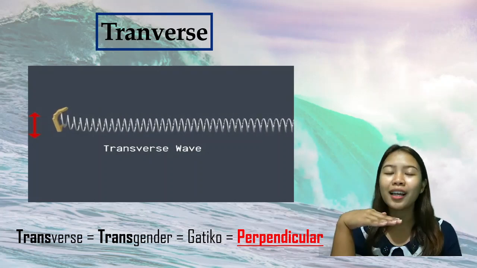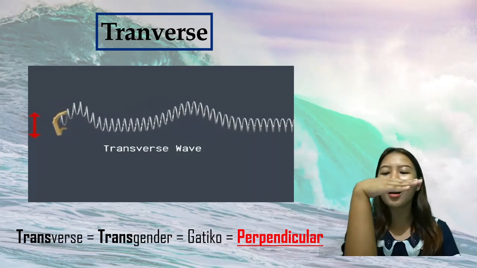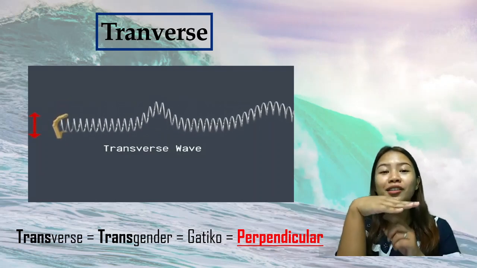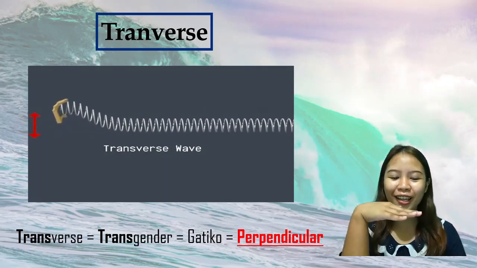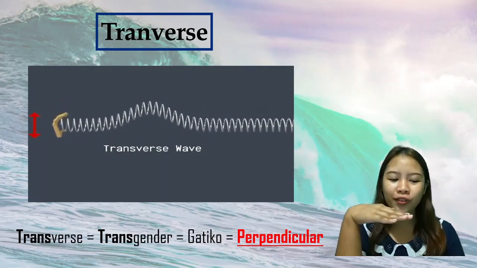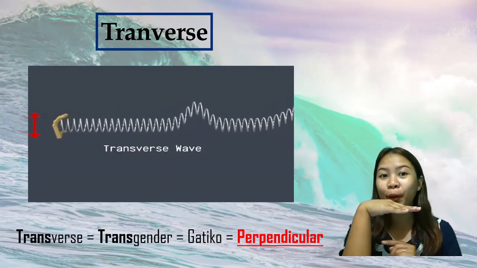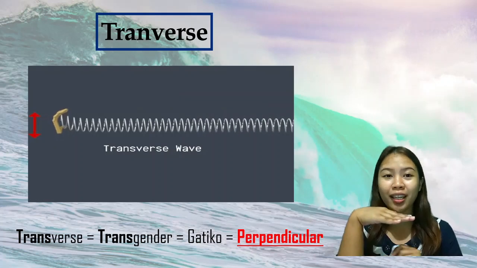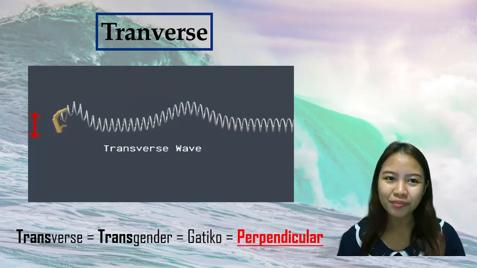So that's it: transverse, transgender, gatiko, perpendicular, creating 90 degrees.